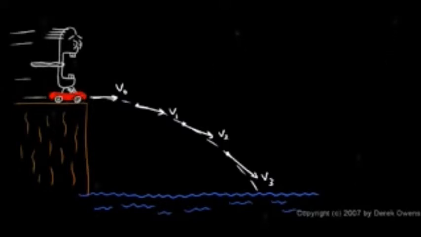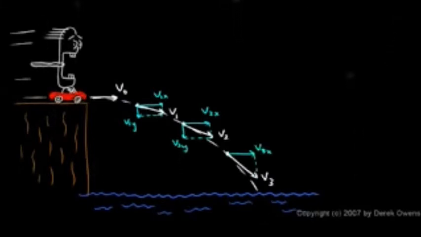Next, I'll say this. Horizontal velocity is constant. If I draw in the components of these velocity vectors, v1 is to the right and down. So I could call this v1x and v1y, and v2 over here has components v2x to the right and v2y down, and then v3 here has a horizontal component, v3x, and a vertical component, v3y.